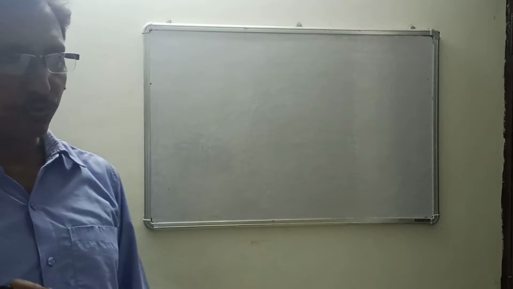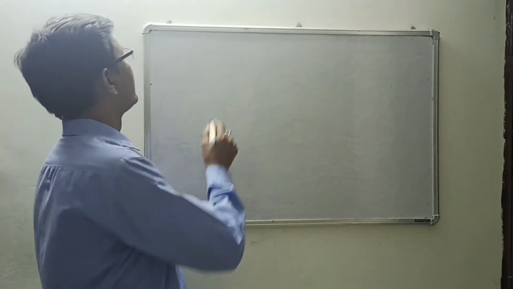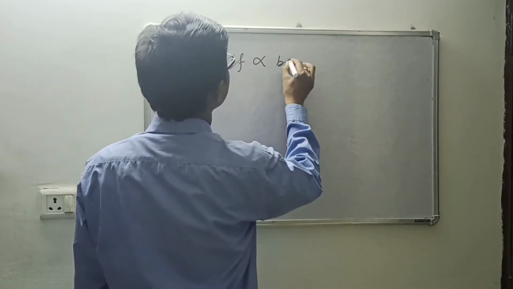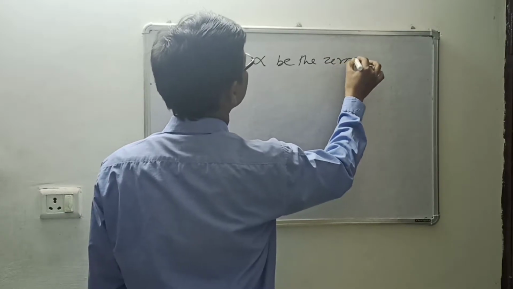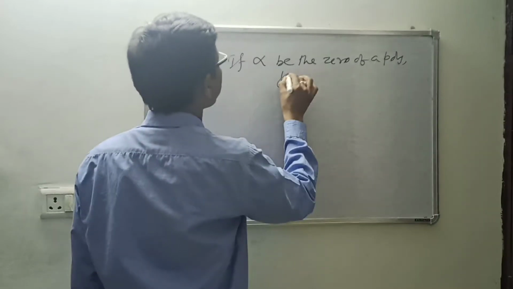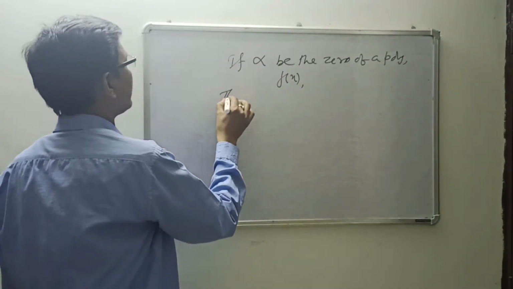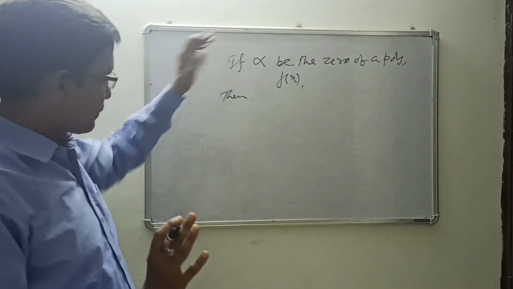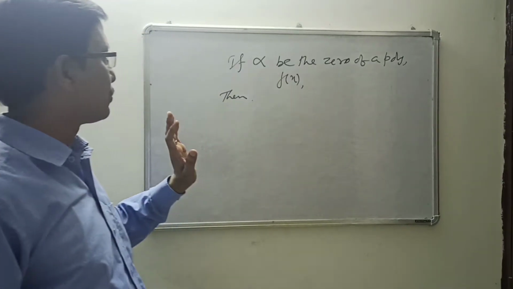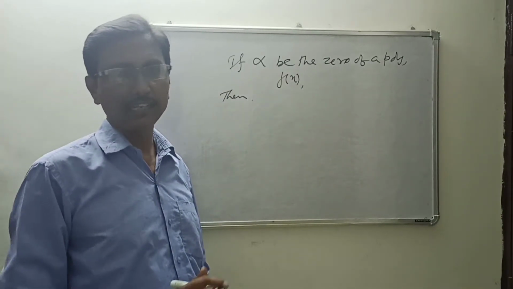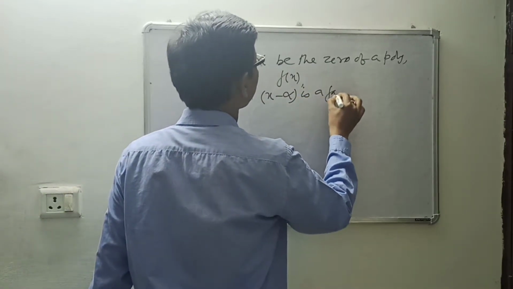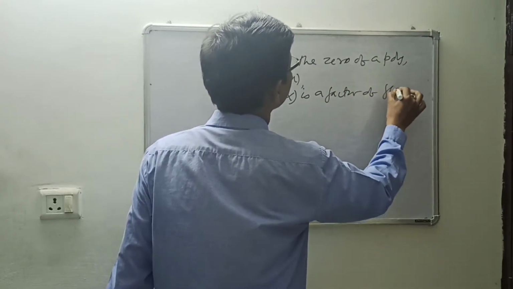So for that purpose, one very important result we have: if alpha, or anything you can say, is a zero of a polynomial f(x), then from the factor theorem we can say that x minus alpha is a factor of the given polynomial.